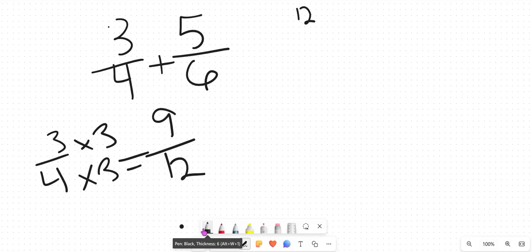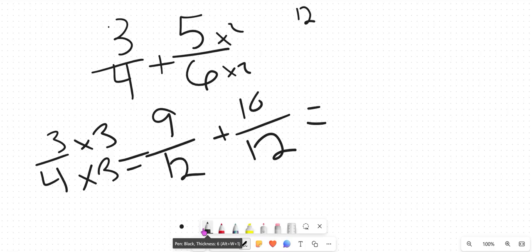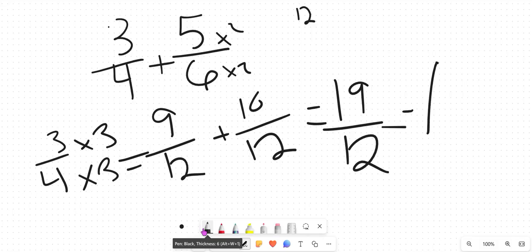So we get 9 over 12, and for this side we're going to multiply by 2, because 6 times 2 is 12. 5 times 2 is 10. This equals 19 over 12, or it can also be a mixed number, 1 and 7 over 12, because 12 goes into 19 one time with 7 left over.